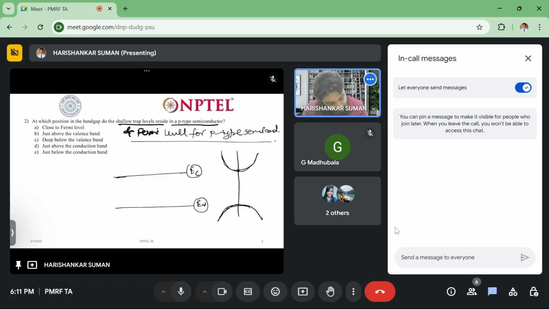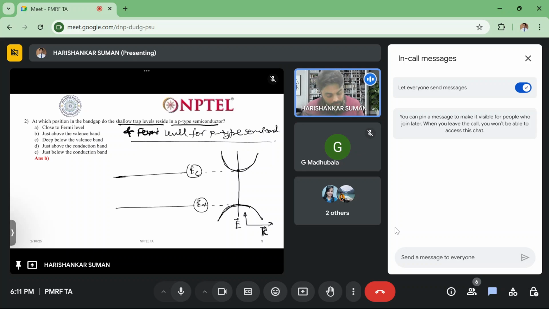We have a minima of the conduction band and maxima of the valence band. This is E-k, sorry, k. So at which position of the band gap do the shallow trap levels reside in a p-type semiconductor?